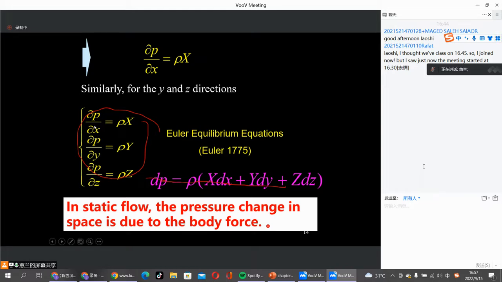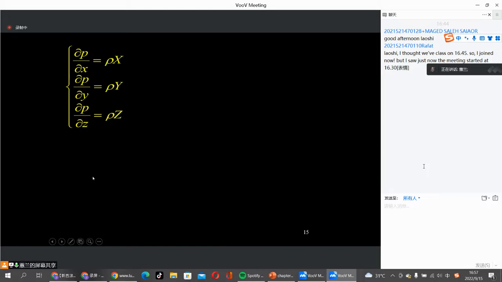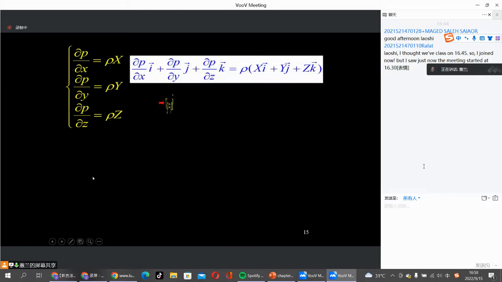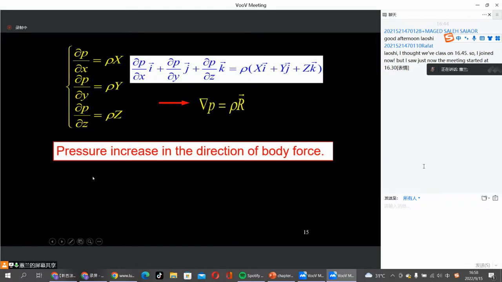You see dp dx, dp dy, dp dz is actually the spatial derivative of the pressure. And also, we can tell from these equations that pressure increases in the direction of the body force, right? Pressure increases in the direction of body force. This is what we are familiar with, just common sense.